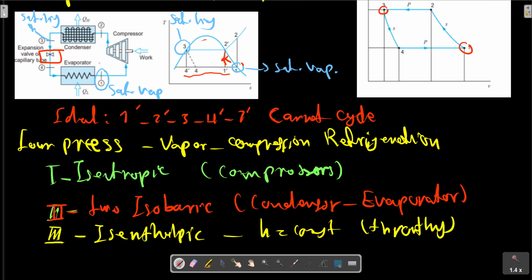So there are two parameters that determine the cycle. The compressor generates the high pressure, P2 equals P3 for the isobaric processes, and P4 equals P1. The cold space determines the allowed temperature, T4 equals T1.